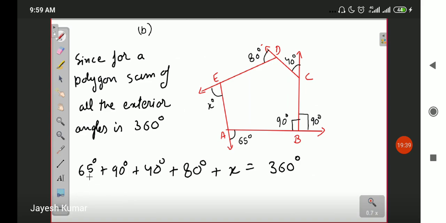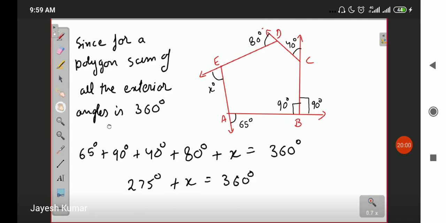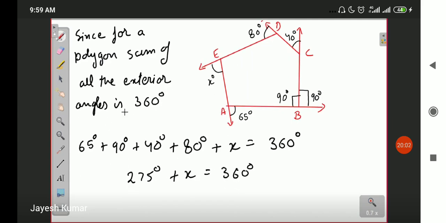So 65 plus 40, sorry, 105, 90 plus 105, 195, 195 plus 80, 275. Okay, and please check, don't mind if my calculation is wrong. Please correct me if I am wrong.